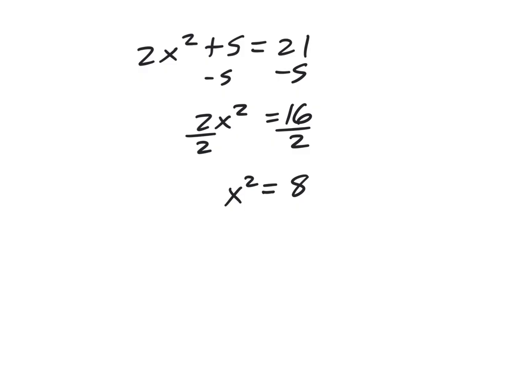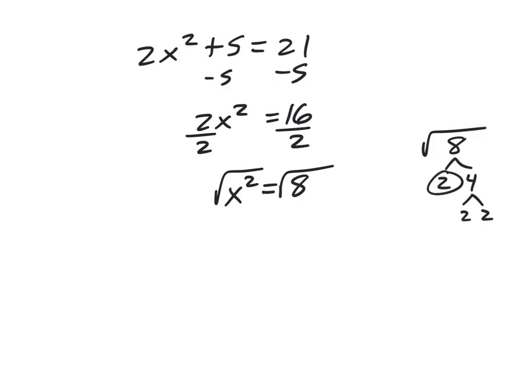Well, is 8 one of our perfect squares? No, okay. So we can't just take the square root of 8 and get a decimal, okay? We're going to have to simplify this. It's not a negative, so that's a good thing. So if I simplify the square root of 8, now's where you do whatever you want to do. You can do your tree if the tree is what you want to do.